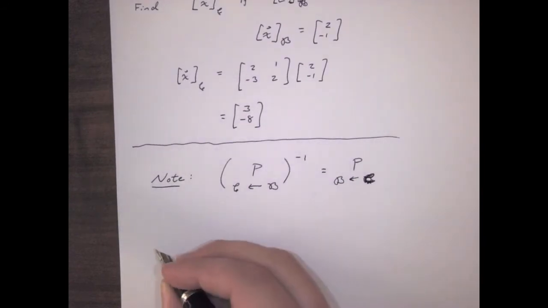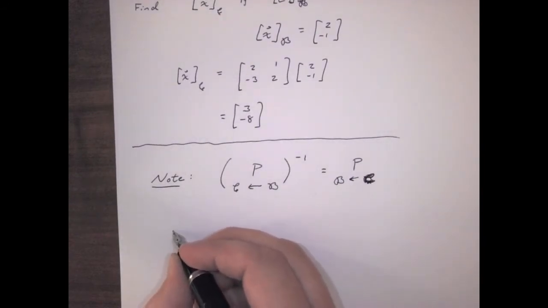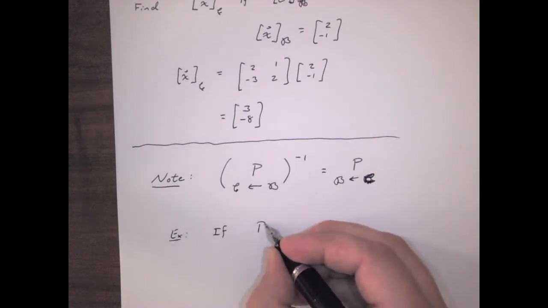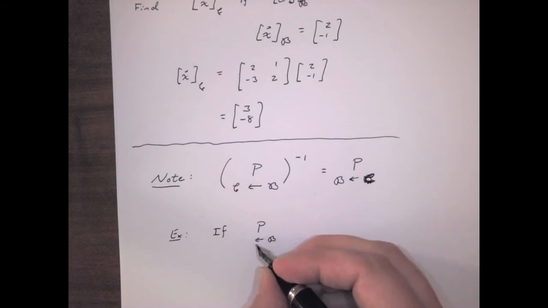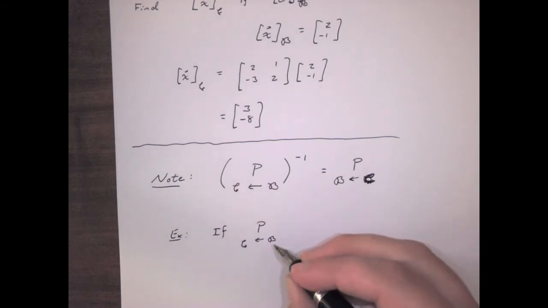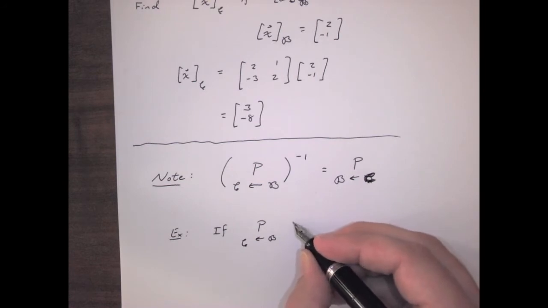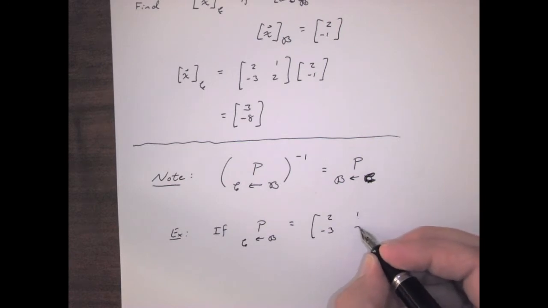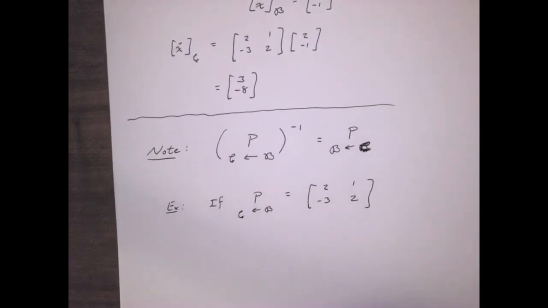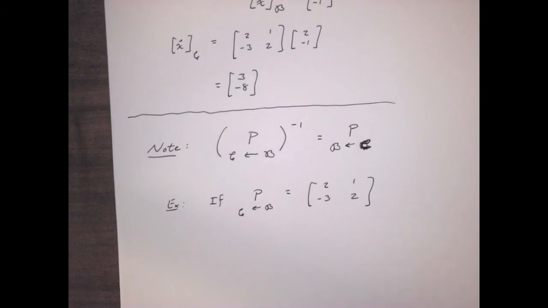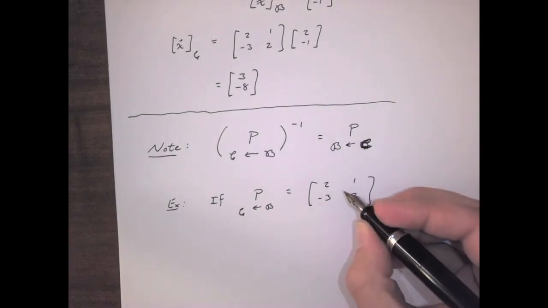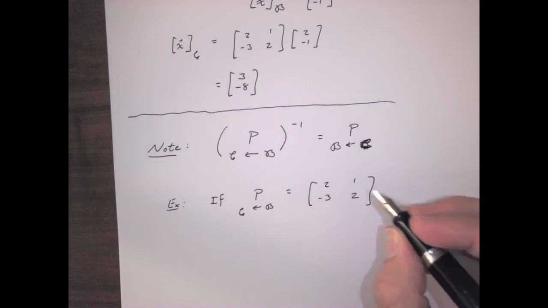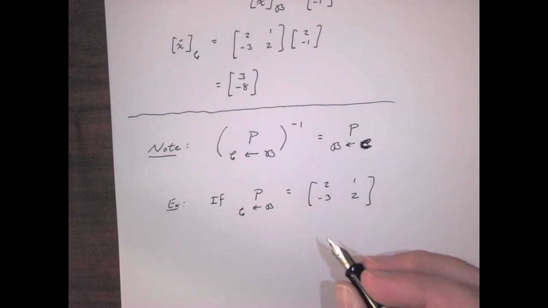So here, for example, if what we had was P from B to C, I was bad about this, writing it backwards. If P from B to C is equal to 2, negative 3, 1, and 2, we can then just find the inverse of this, and since it's a 2 by 2 matrix, the inverse has a relatively easy recipe.